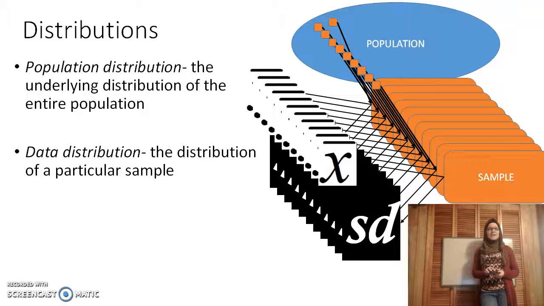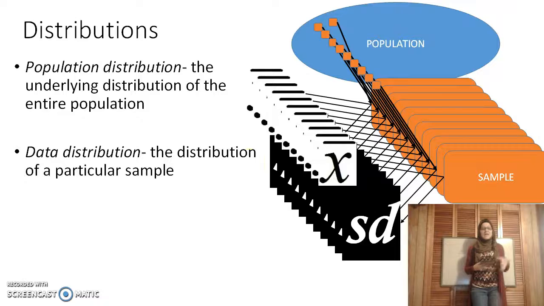So like we see here, this is just a picture representing 10 different samples. So I've got 10 different means and 10 different standard deviations. Well, I wonder, what kind of pattern do those means show? What does a distribution of those means look like? So instead of plotting all of the individual data values, what if I plot just the means?